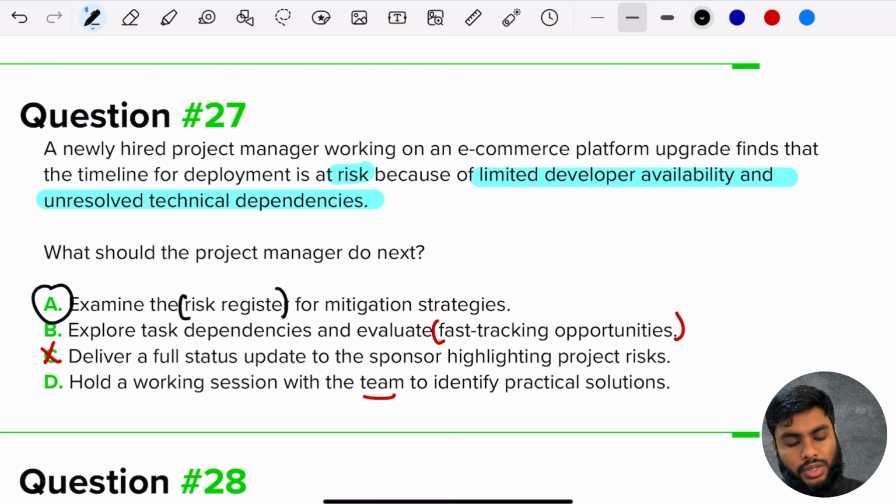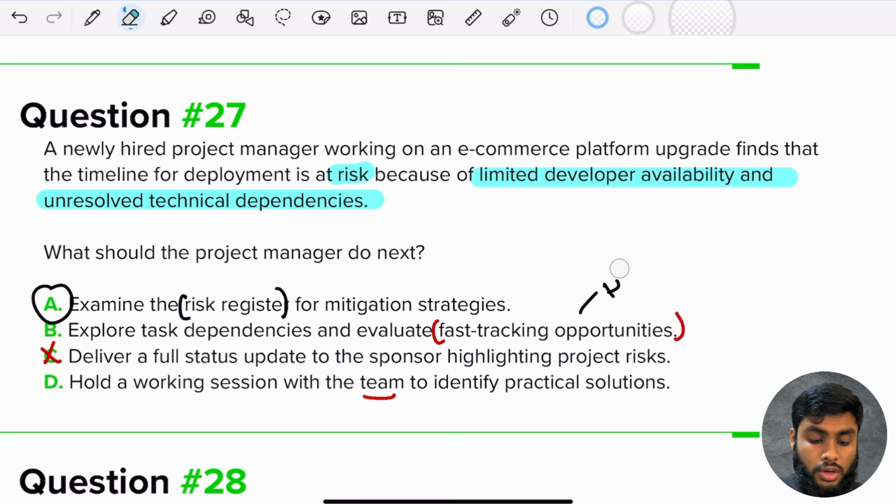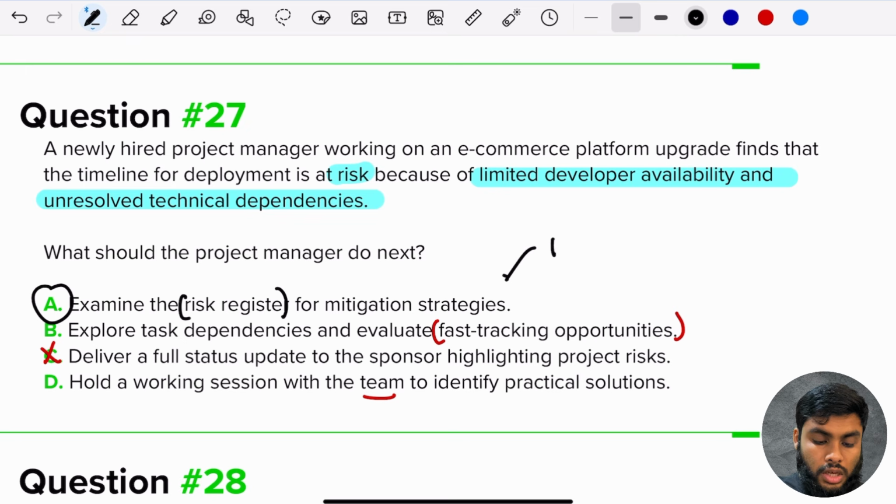So I will first examine the risk register and then I might get the team involved. We might decide together that fast tracking is probably a solution. But the first thing I want to do is principle number 1, the risk register. Okay, and technically speaking, D is also principle number 1.